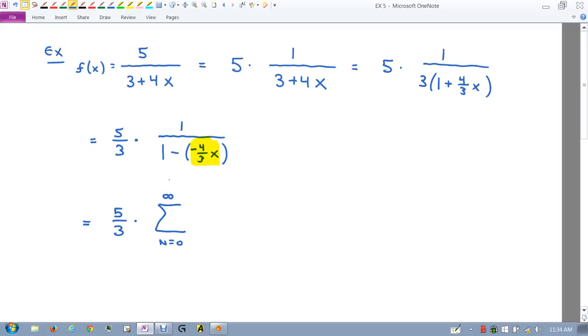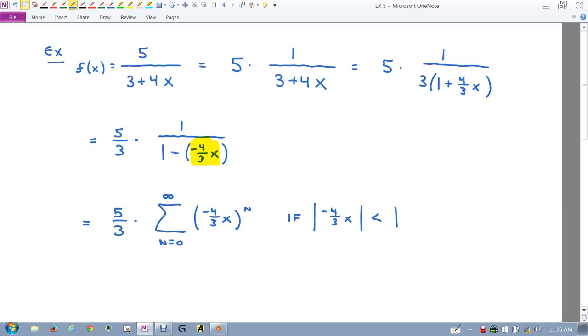Negative 4/3 x to the nth power. This is only true if what? The absolute value of negative 4/3 x is less than 1. So as long as that's true, that's a power series representation.